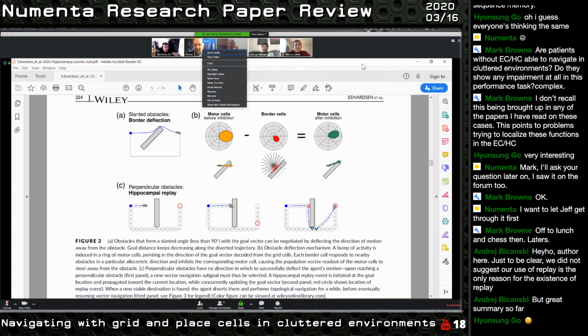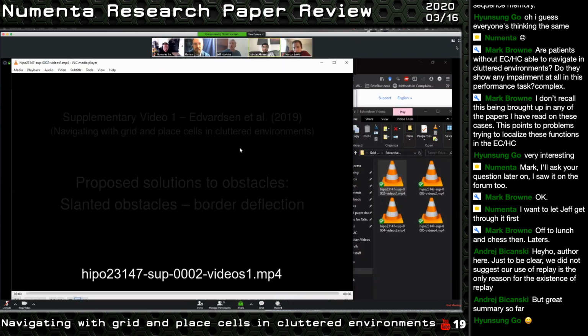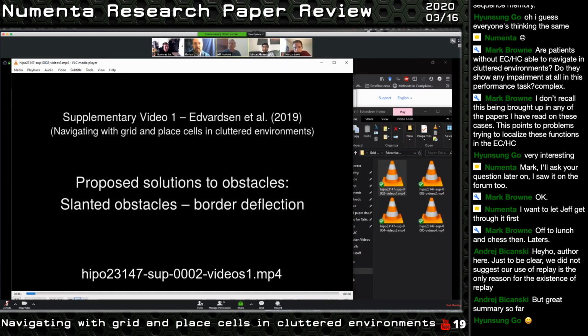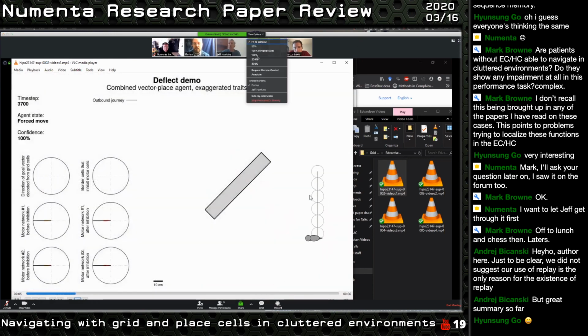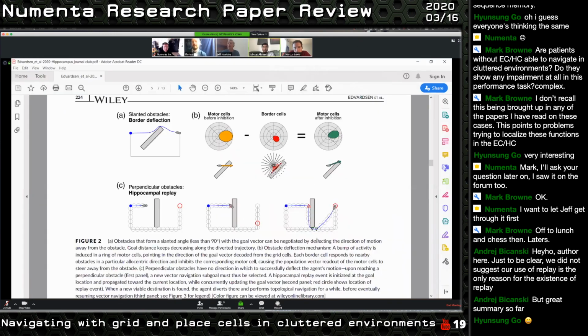Jeff, how does it figure out where to place those little triangle landmarks, the green triangles at the bottom right figure? How does it know what those intermediate goals should be? As it's playing back the place cells in the middle figure, the red circle goes from here to here to here. They're just showing it in one step.